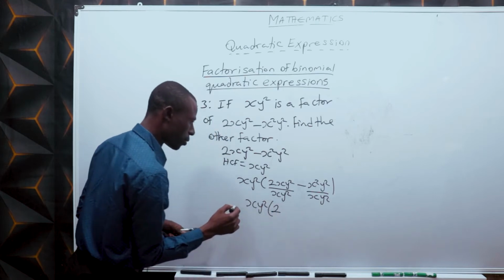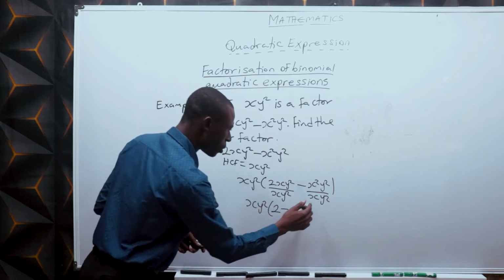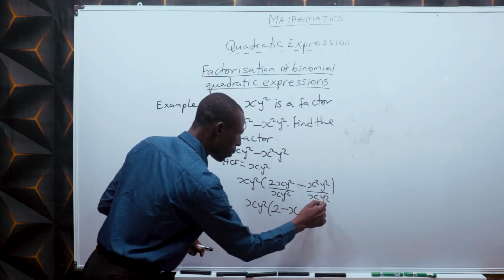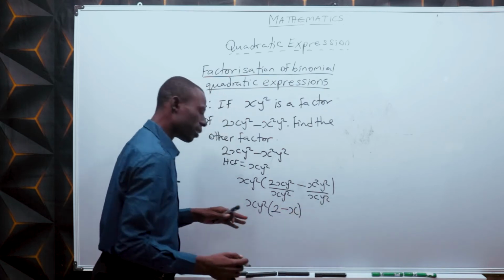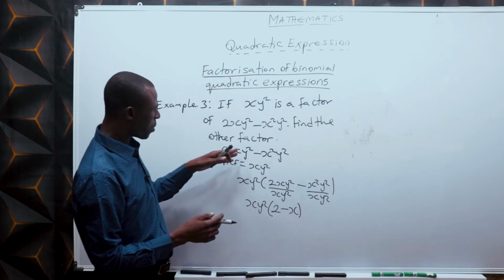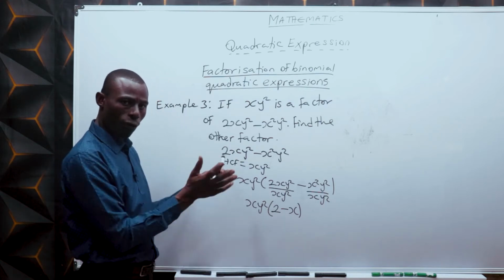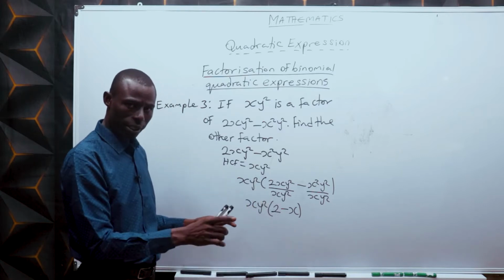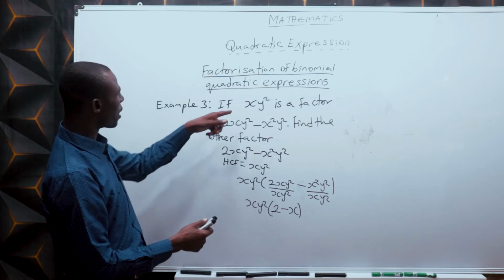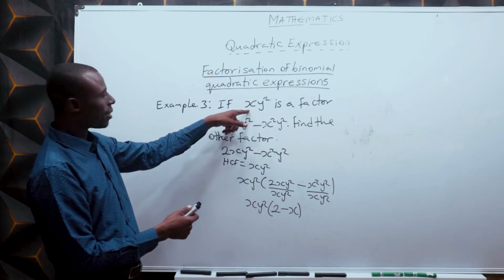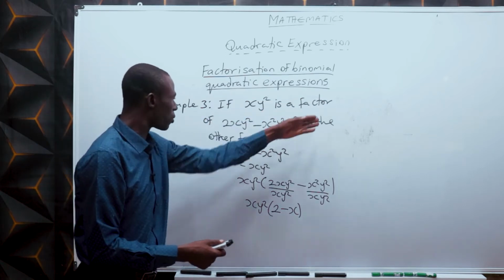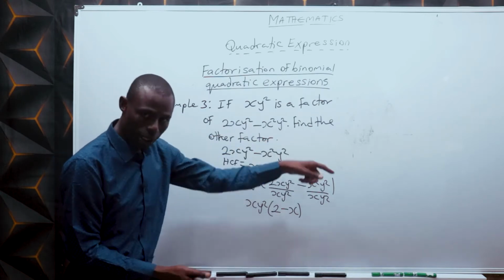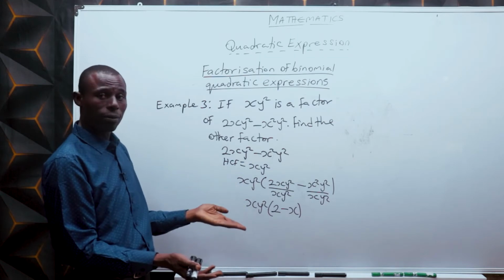You have 2 left. Minus x in x square gives you x. y square cancels y square. That is the answer. You can see that the expression has been factorized into two factors: xy square and 2 minus x. And xy square has been given right from the beginning, that if xy square is a factor of this, which is true, find the other factor.